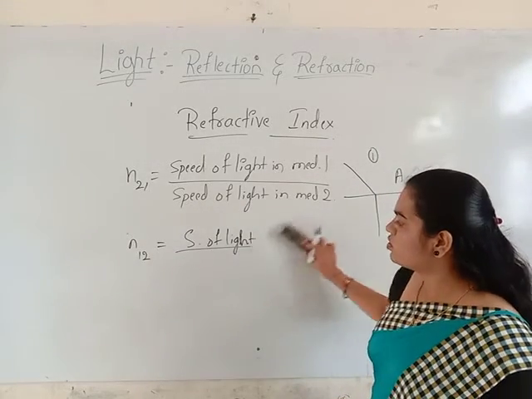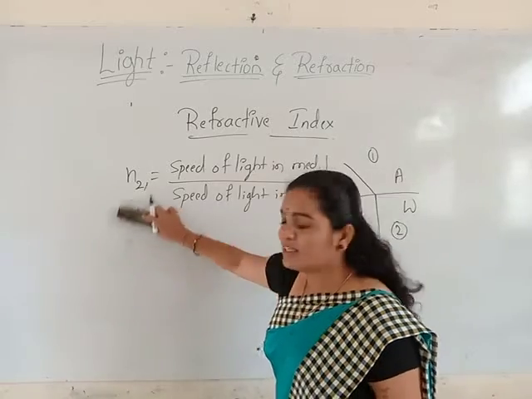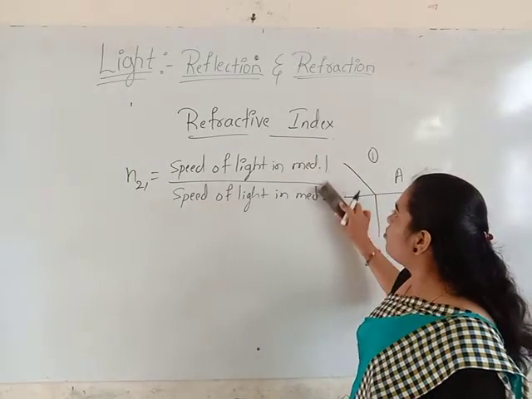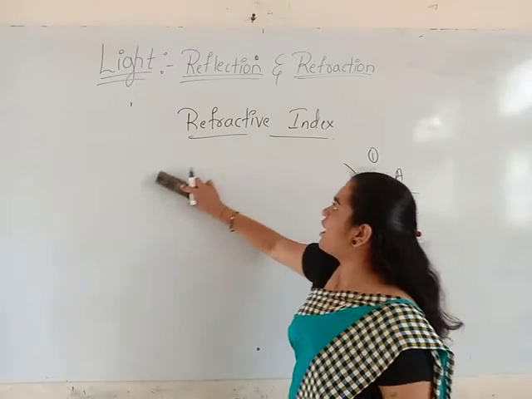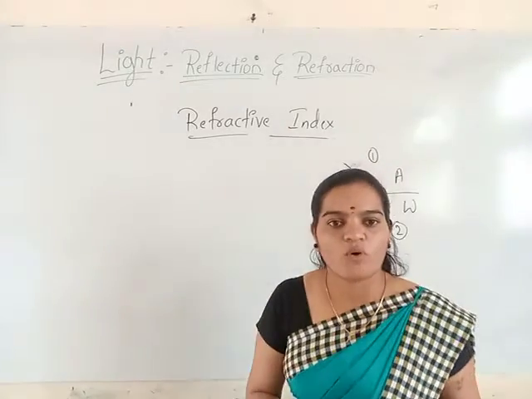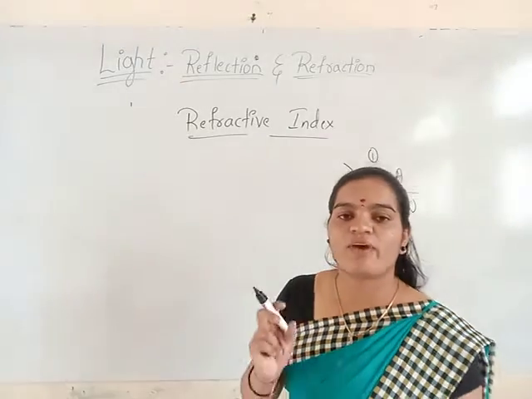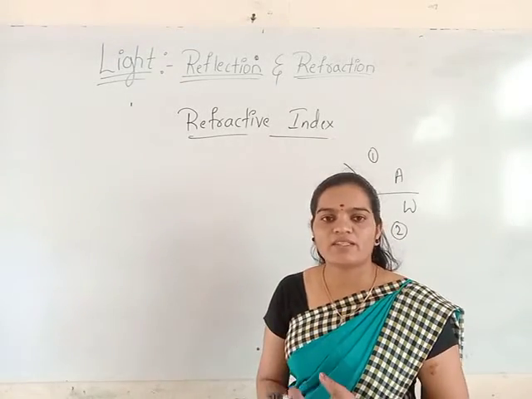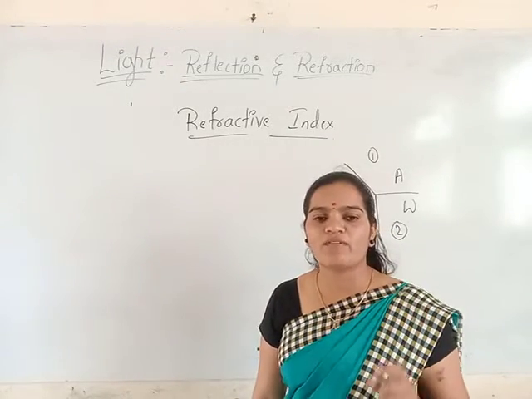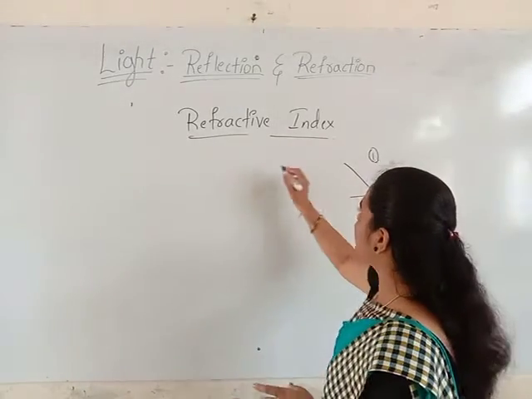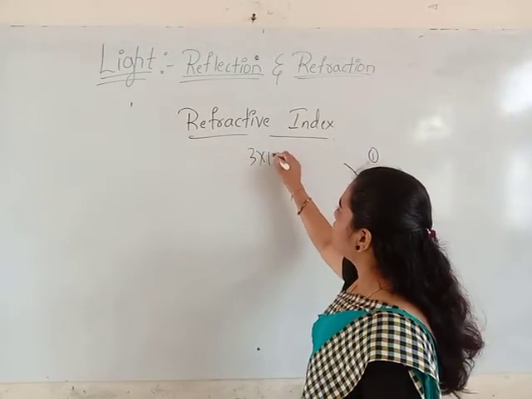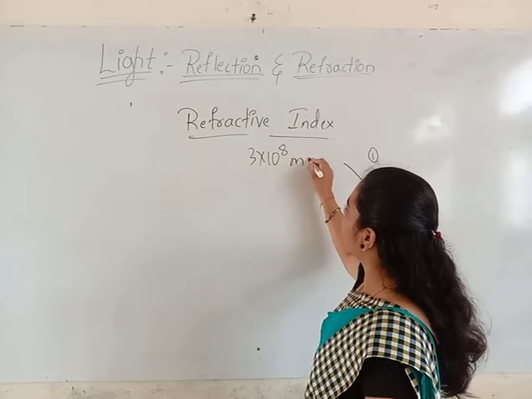Okay, this is clear. So now in this case, if you have two mediums where one medium is a vacuum or air, there is a fixed value for the speed of light in the air medium or the vacuum medium. That is 3 into 10 to the power 8 meter per second.